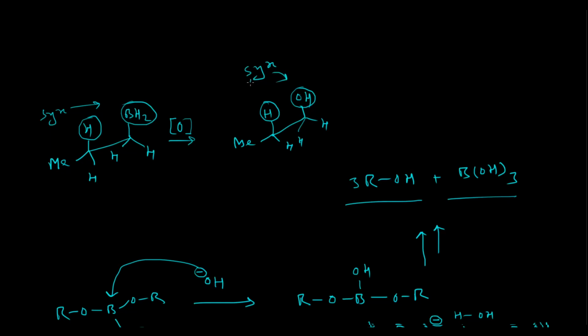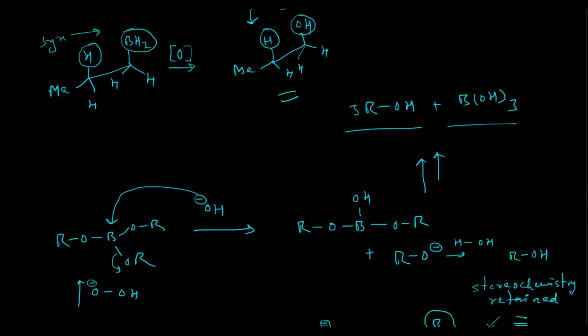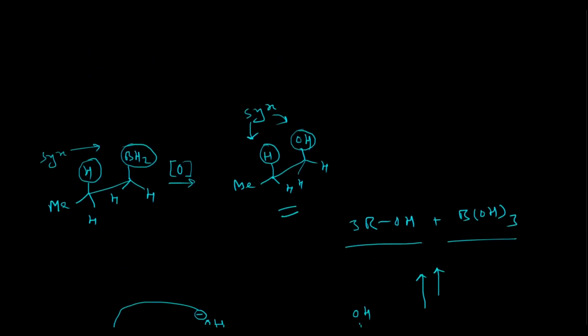There will also be a syn relationship between this OH and this hydrogen in the product molecule. Right? So this is the complete mechanism of hydroboration as well as the oxidation steps.